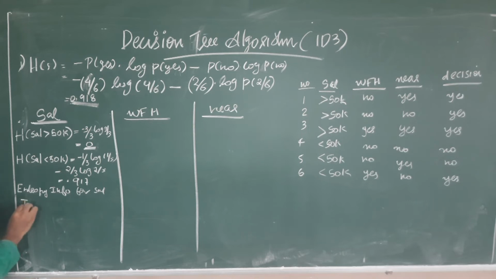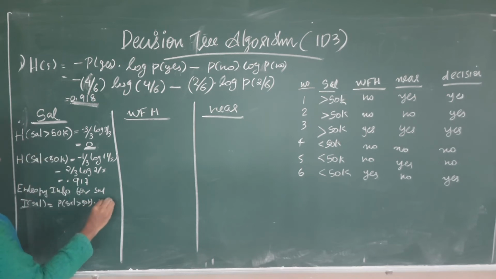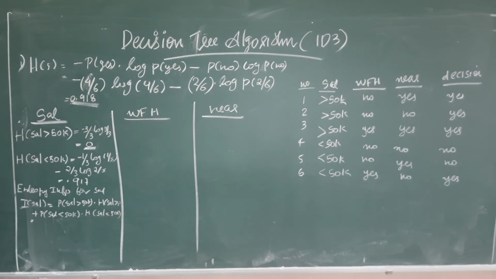Let's call it I. So I of sal is found as the probability of salary greater than 50k, that is one categorical value, times its entropy H of salary greater than 50k, plus the probability of salary less than 50k times its entropy. It is straightforward and you will get 0.4585 as the output value.